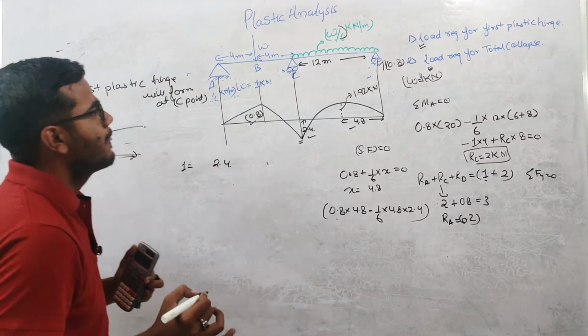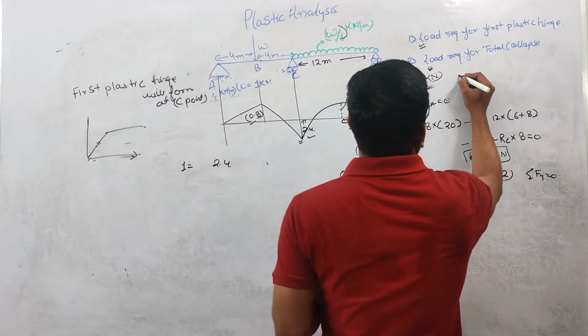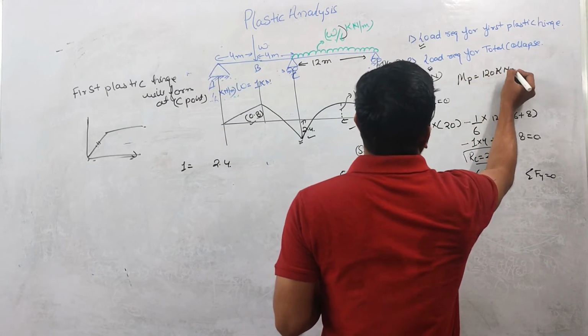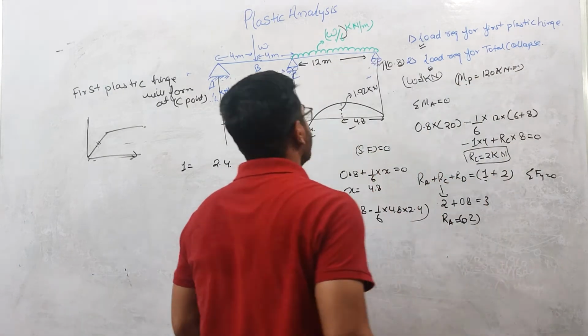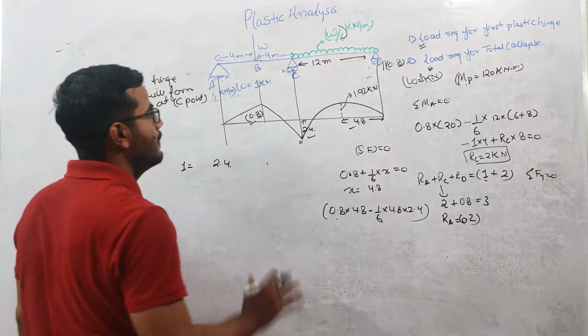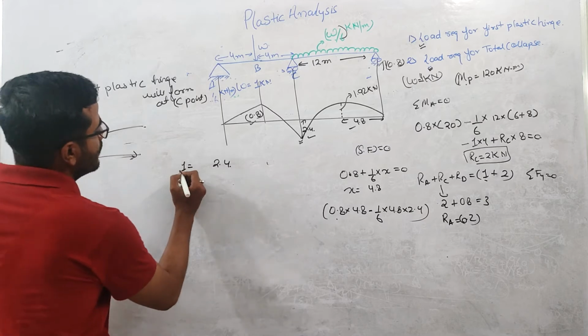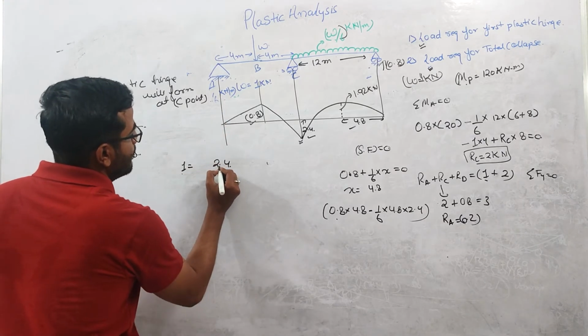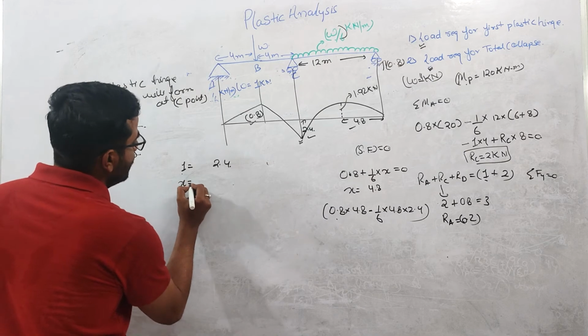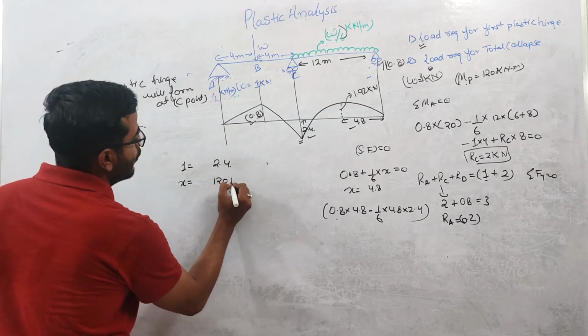I forgot to mention that the MP value is 120 kilonewton meter. This is the plastic moment for this section, and this beam is prismatic, so this MP value will be constant throughout this beam. So how much load will be required to generate a moment of 120 kilonewton meter?